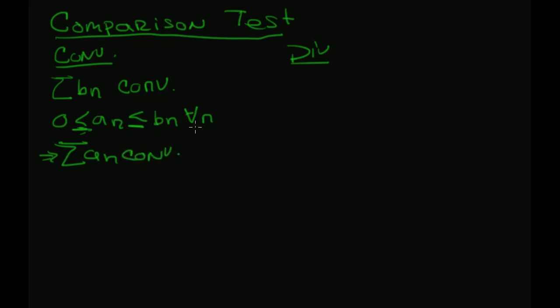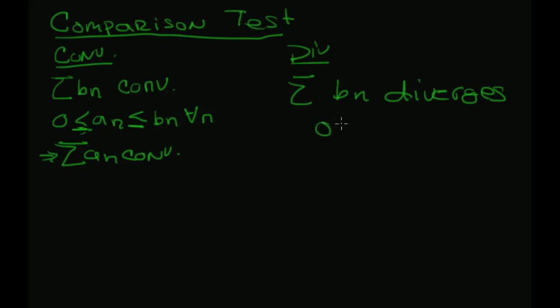Okay, so this opens up a whole bunch of doors for us, because we have ways to find convergent series. We can do it with geometric series, we can do it with p-series, we can do it with some alternating series. So if I can dominate the series that I have by one of those, then I can prove that that series will in turn converge. So this actually works the other way as well. If b_n diverges, and this inequality goes the other way, right?